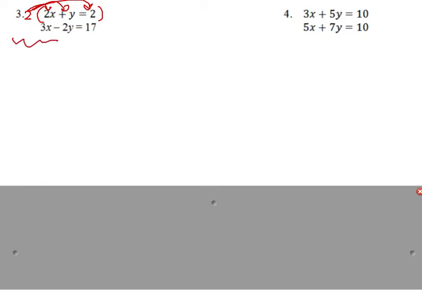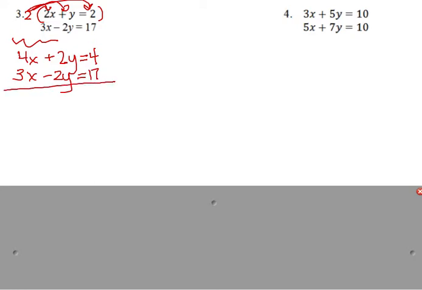So I'm going to rewrite that then, and that's going to become 4x plus 2y equals 4. Now the bottom equation I'm leaving alone. I'm not changing that one. So that one's going to stay 3x minus 2y equals 17.